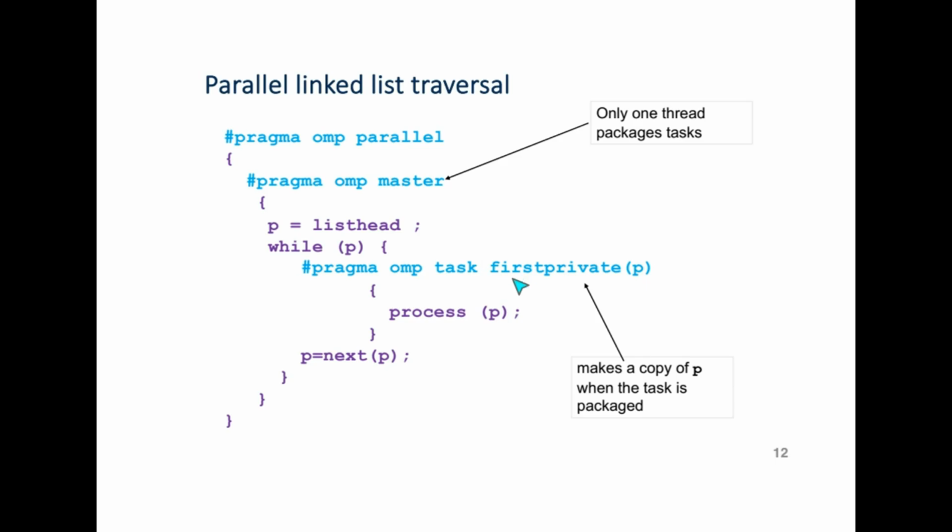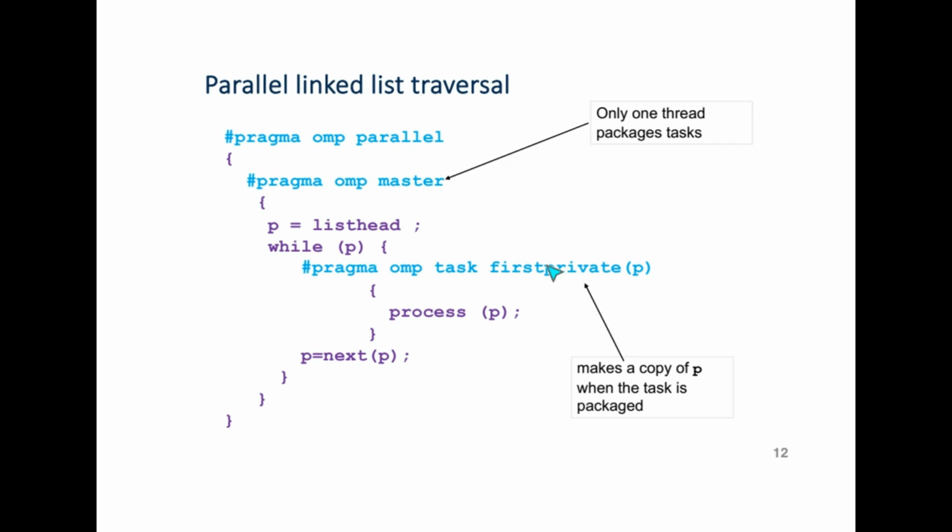So this idea gets extended to tasks. What the firstprivate does here is it makes a copy of P for every task. This is the idea again of having private data per task rather than per thread.